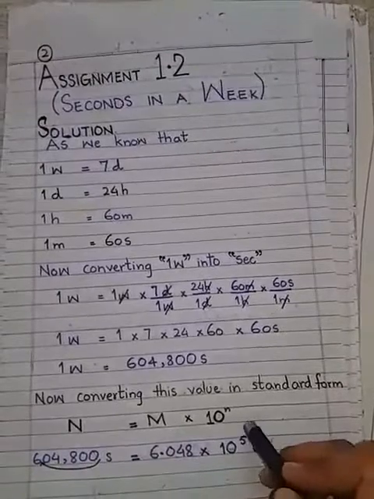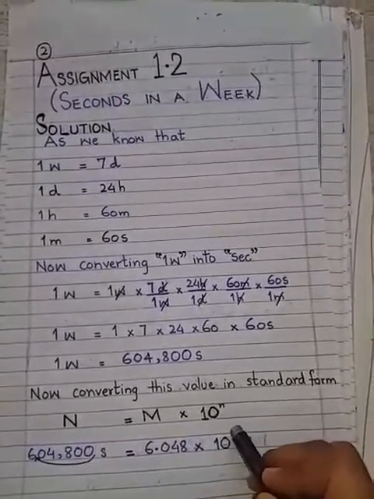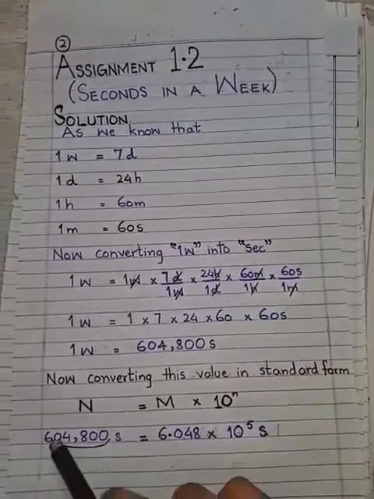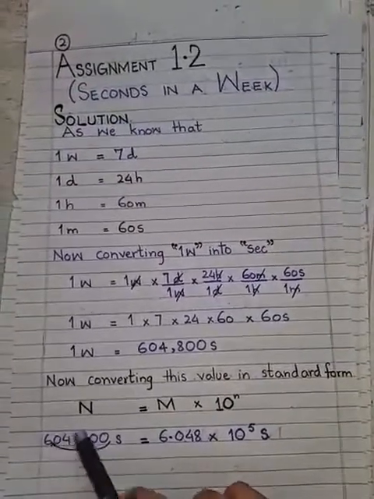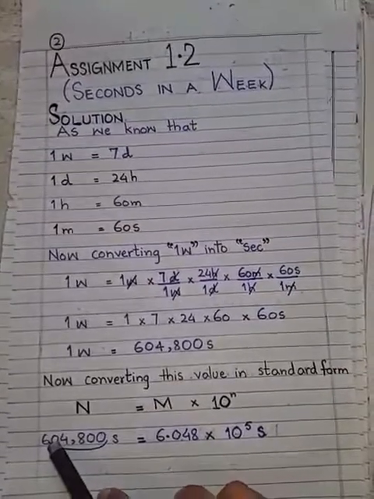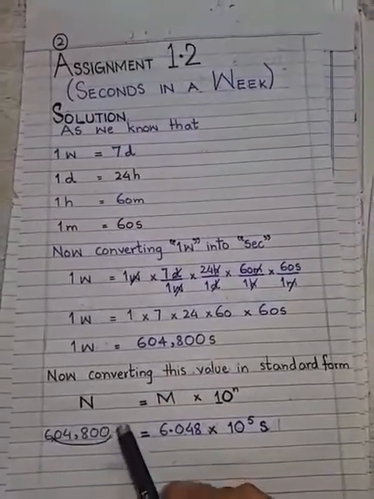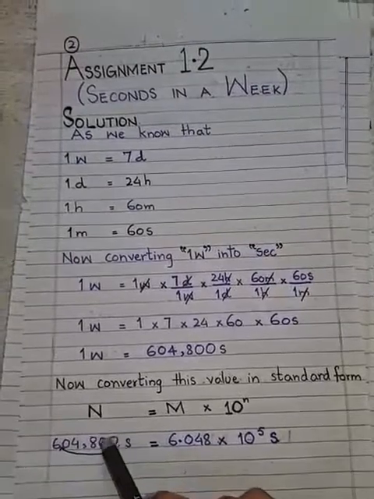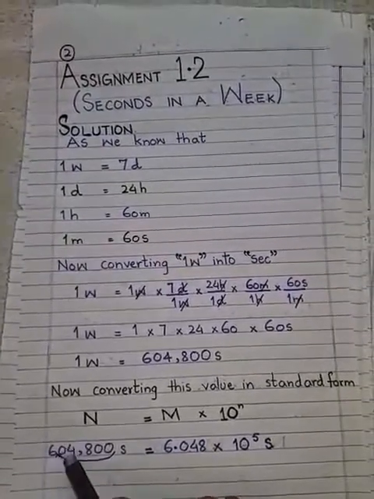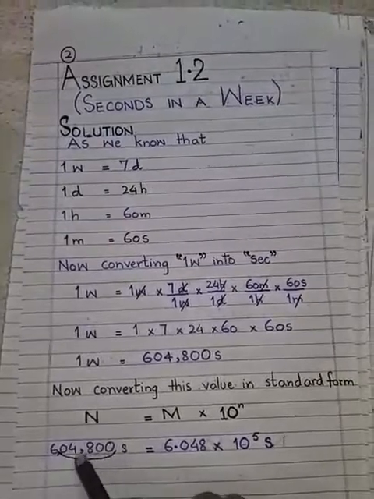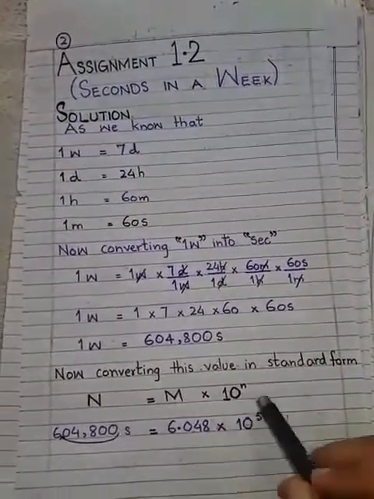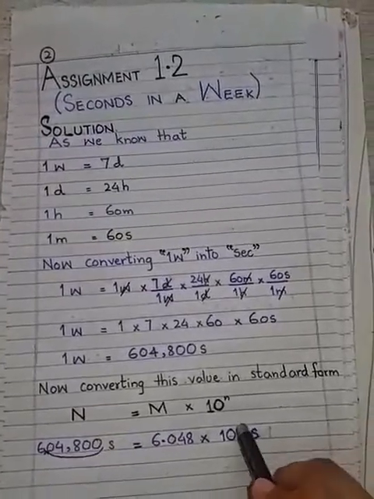Now again, the power of 10 depends on the number of digits between the initial position of the decimal and the new position of the decimal. This is the initial position of the decimal, and this is the new position of the decimal. So again, let's count: 1 2 3 4 5. It means there are a total of 5 digits between these positions of the decimal. So the power of 10 will be 5.